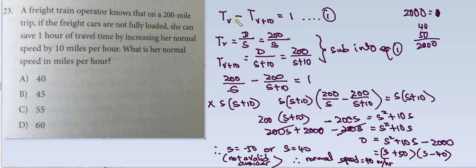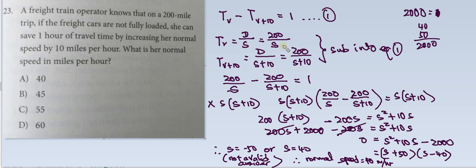So if you take the time taken for normal speed minus the time taken for a speed which is extra by 10, it will be equal to 1 hour. You can save an hour. So normal time minus lesser time gives you 1.